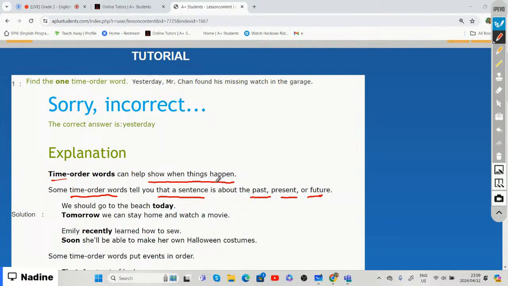For example, we should go to the beach today. So today is a time order word which indicates when we should go to the beach.